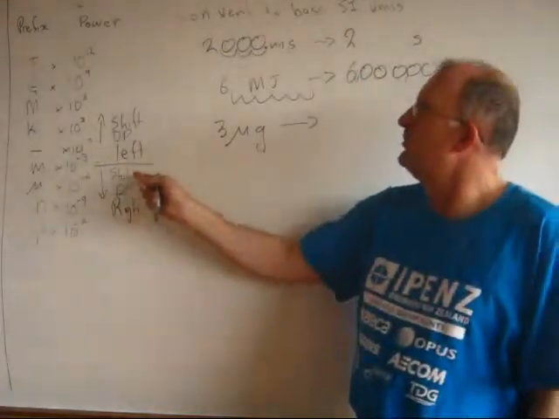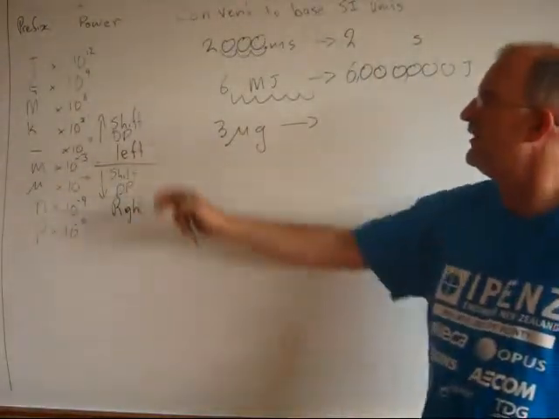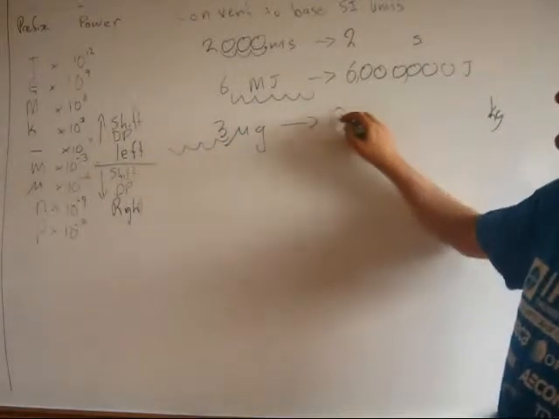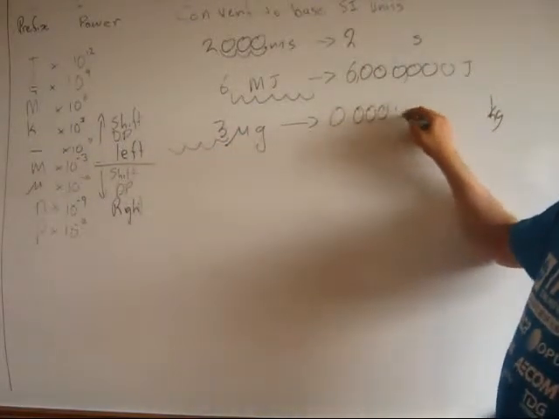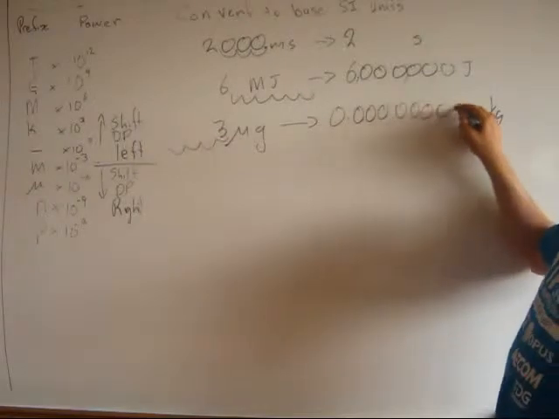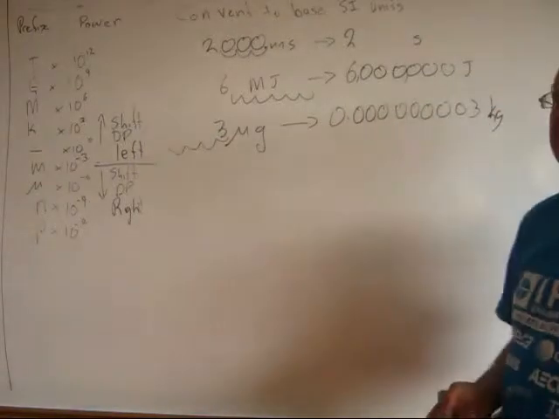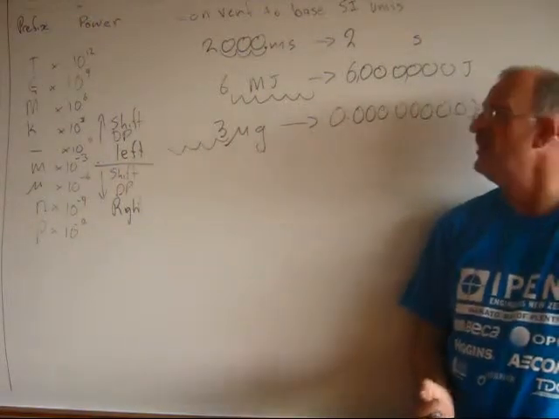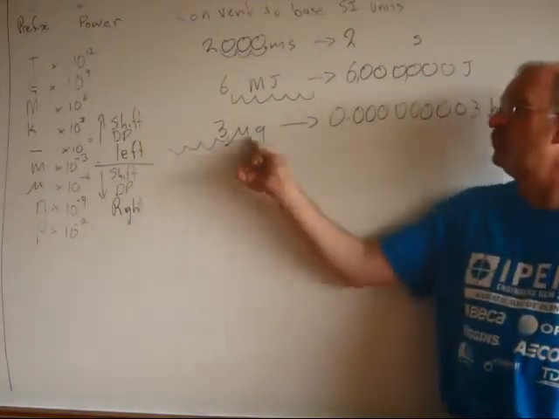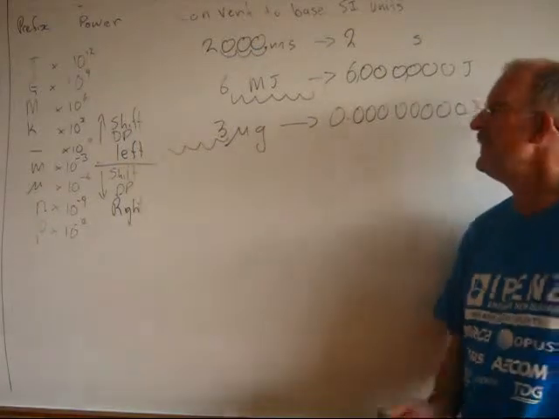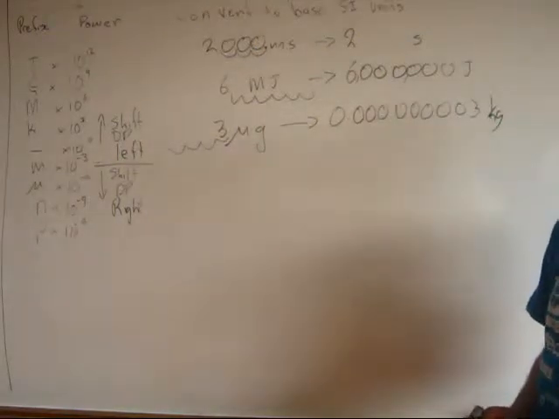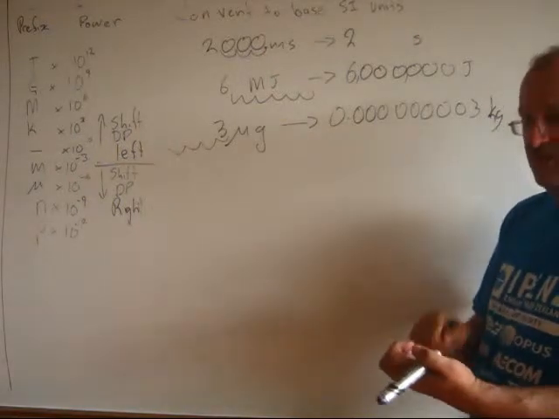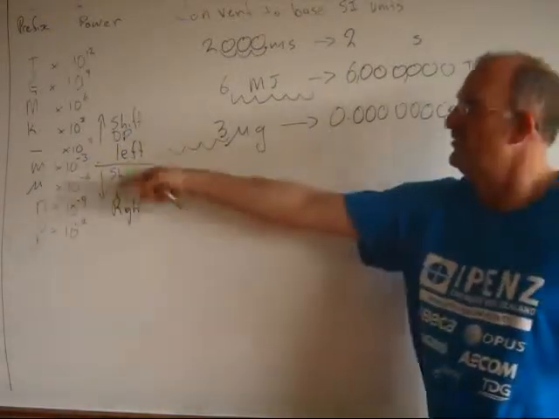Because I'm going from a small unit to a big unit, I'm going to shift to the left. So I shift that 9 places, and it becomes 0.000000003 kg. Now you can see why we use these prefixes. If you're doing engineering, they really love these prefixes. In fact, most engineers have a calculator button that will convert it to these powers.